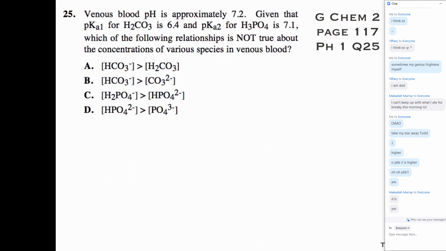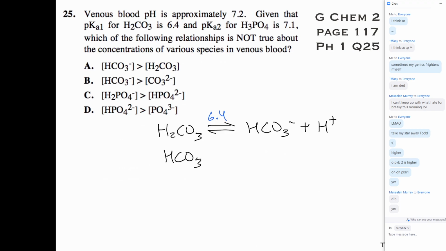Okay, last but not least, venous blood, around 7.2. So we have a couple equations here. We have apparently carbonic acid, where they want to know about bicarbonate, carbonic acid, and carbonate. So I need to write both of those relationships. The pK for this one is 6.4. I'm going to put a number in here and you're going to say, do we have to memorize it?